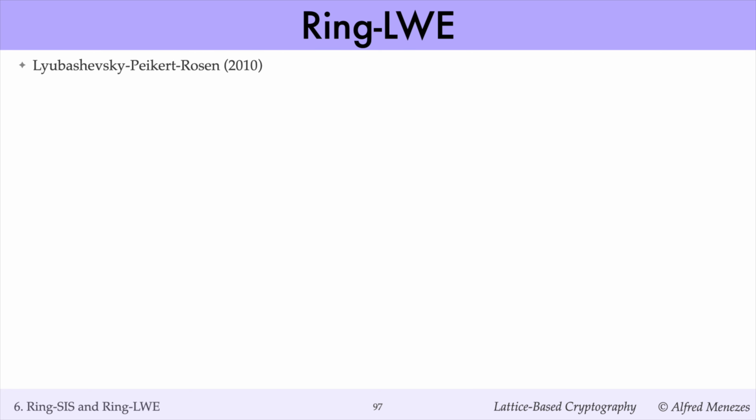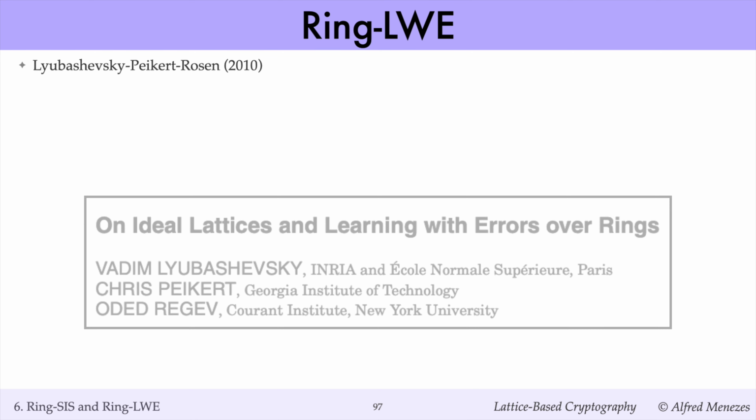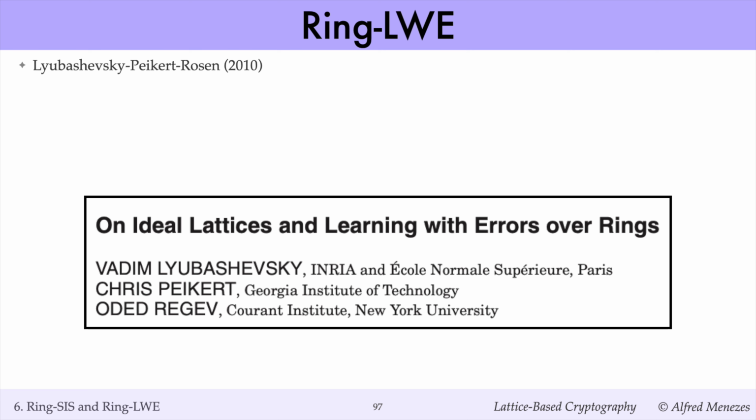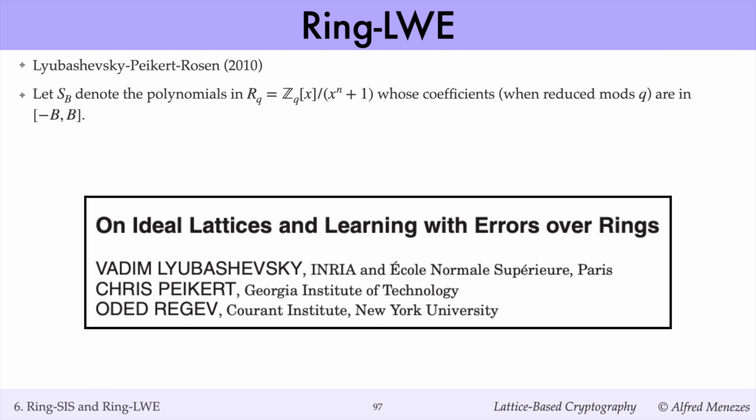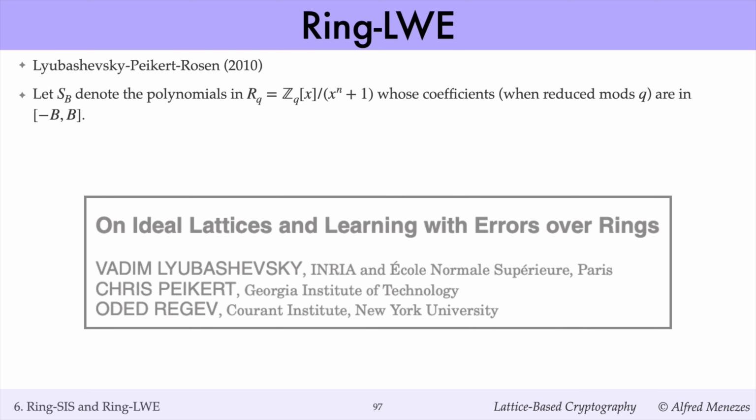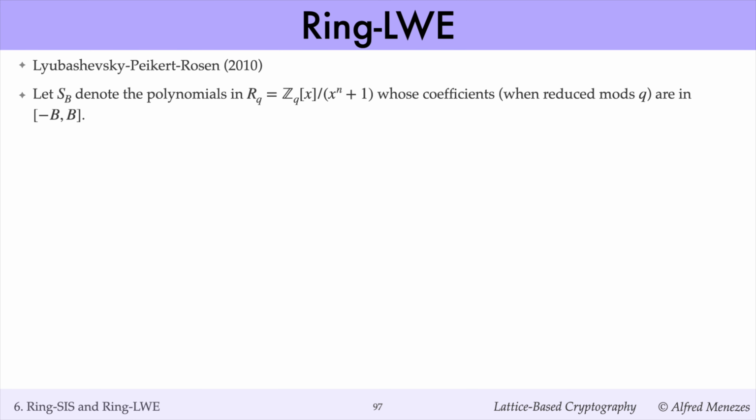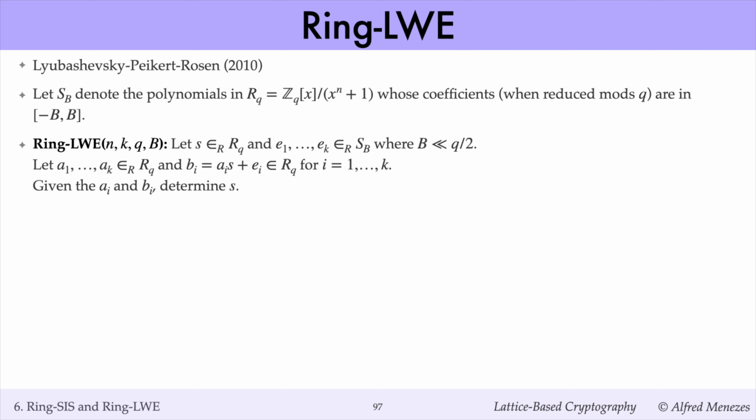The ring variant of LWE was proposed by Lyubashevsky, Peikert, and Regev in 2010. Let S_B denote the polynomials whose coefficients in mod Q representation are between -B and B. I'll call these the small polynomials. Ring-LWE is the following problem.